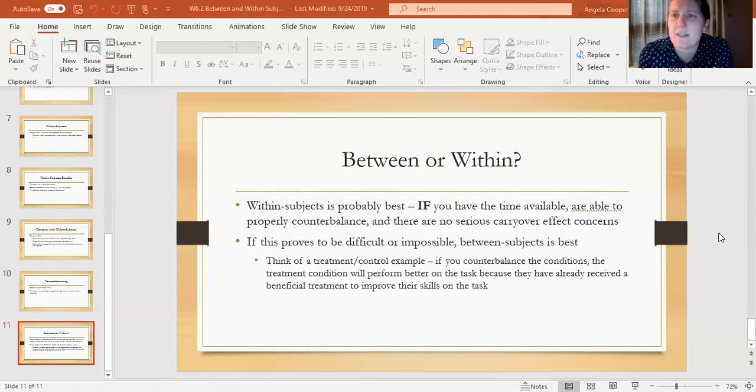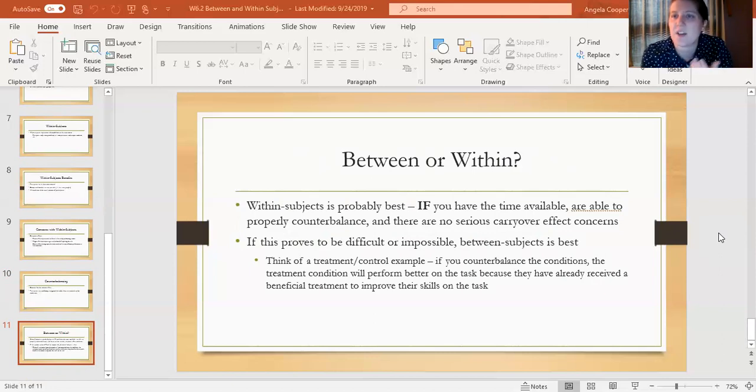So with this being said, how do you know if you're going to need to do a between or within subjects design? Well, within subjects is probably best, because like I said, you don't have to worry about confounding variables. It's the same people being tested on both or however many conditions you have, so you have that instant control of people serving as their own control.